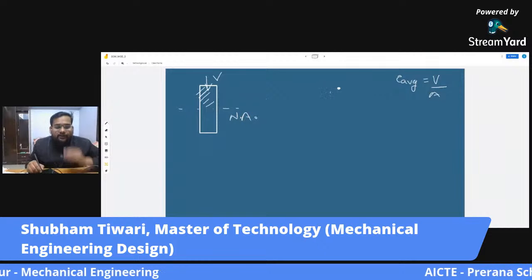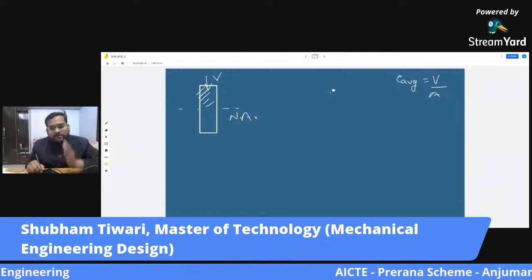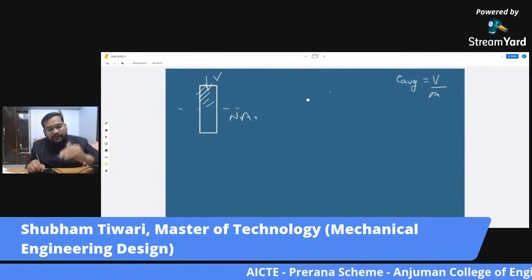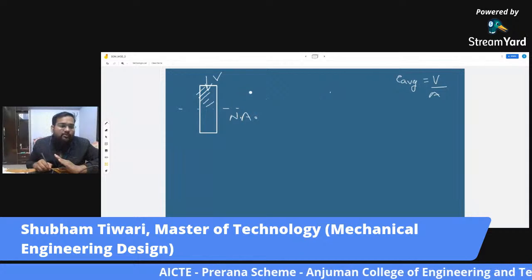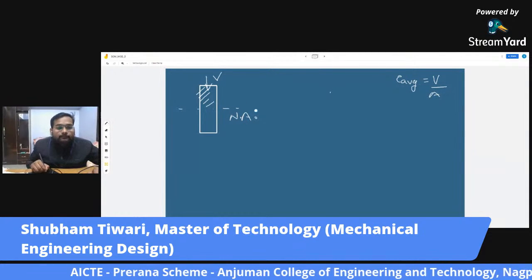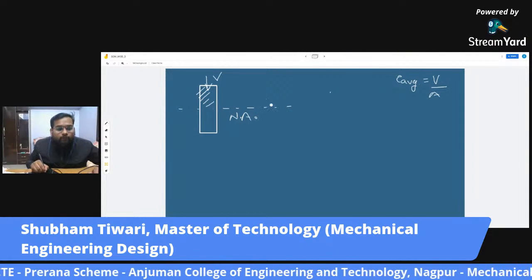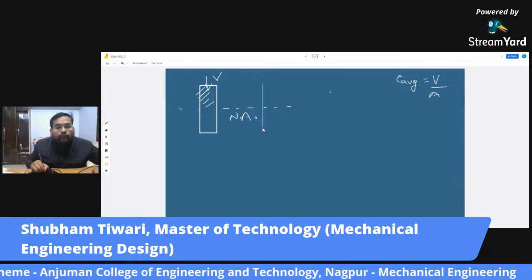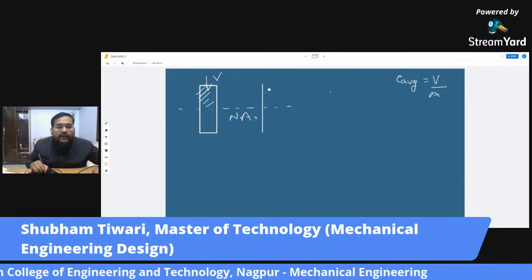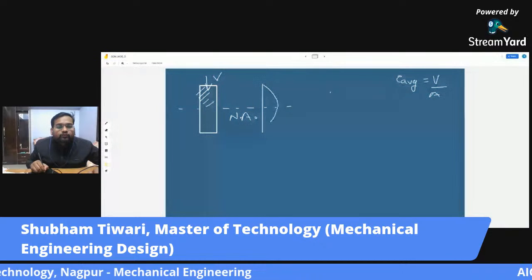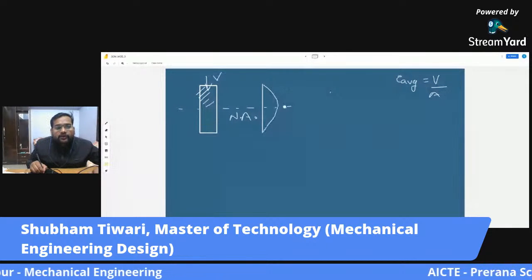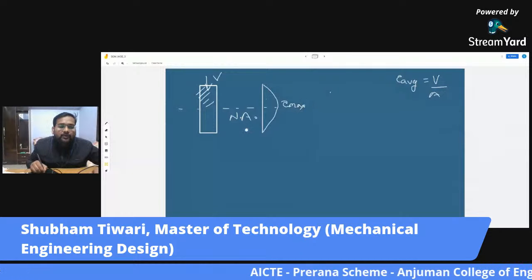But the intensity of shear stress varies with the distance from the neutral axis. So let me draw a stress distribution diagram for this. So this is where the shear stress will be maximum, and here the shear stress will be 0.